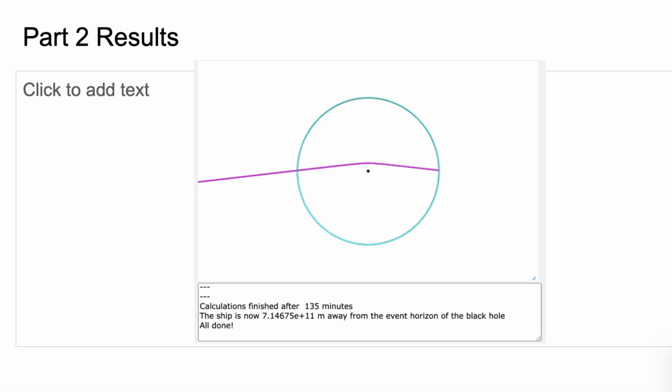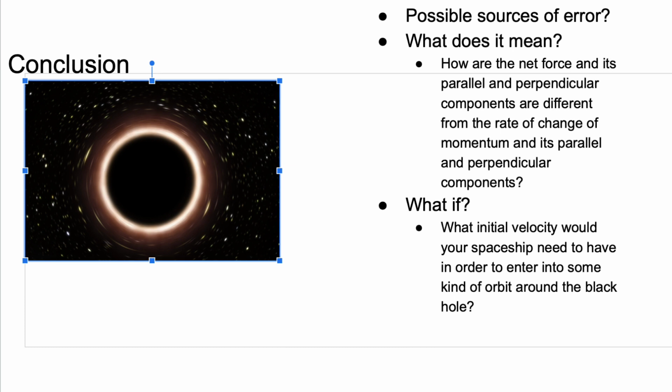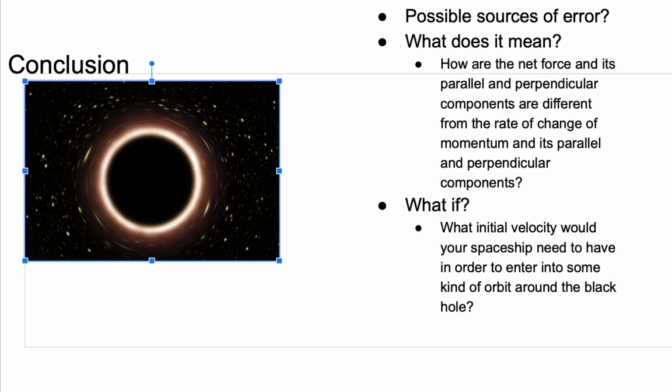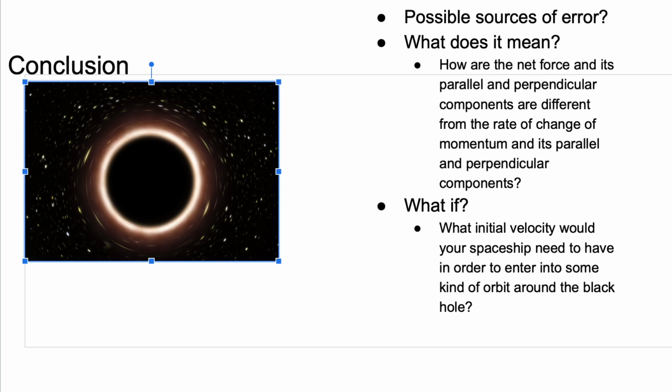When looking at possible errors in this lab experiment, one of the big things is that we excluded other space forces that may come into play. On top of that, our mass for the black hole is assumed via averaging multiple masses.